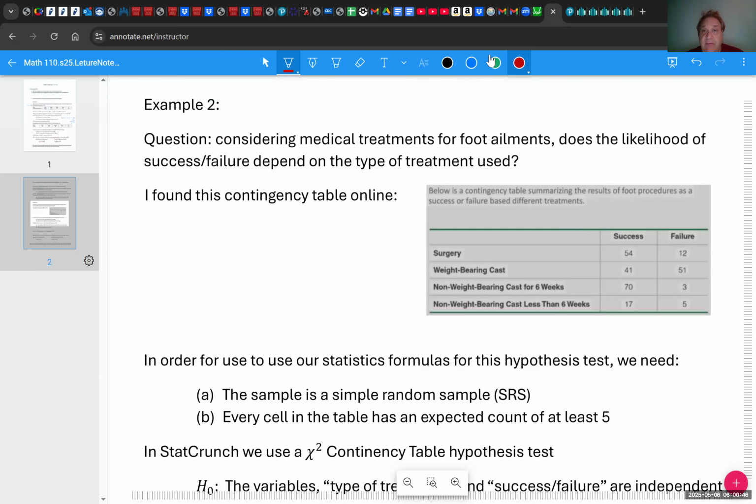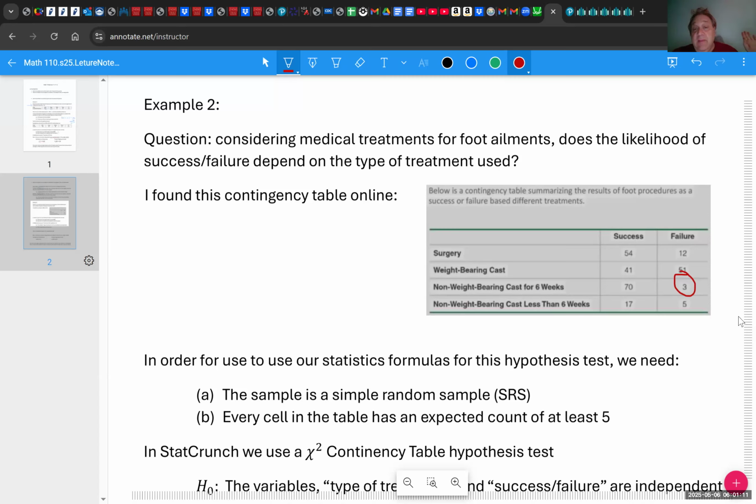Some of you sharp-eyed viewers may have noticed that we have a count of 3 over here. And that is mathematically smaller than 5, right? So that on its face may sound like it violates this Part B requirement that the expected count is at least 5. Remember, this is the expected count, not the sample count.